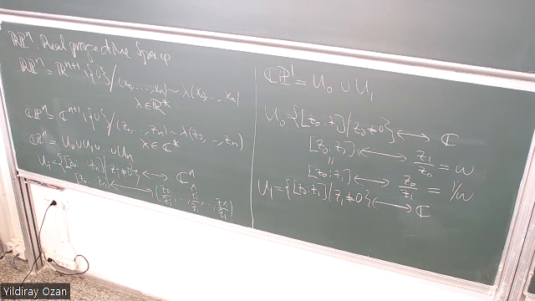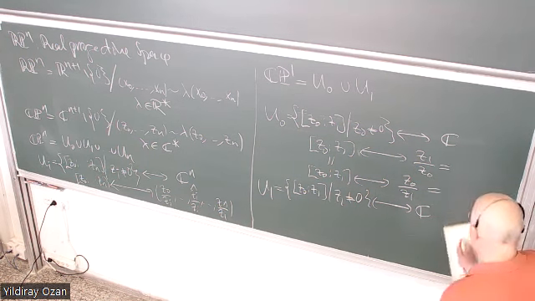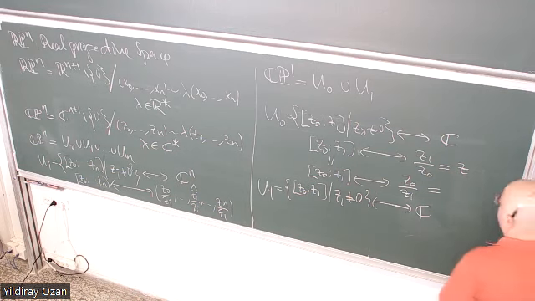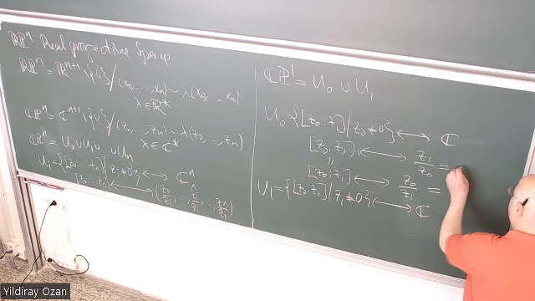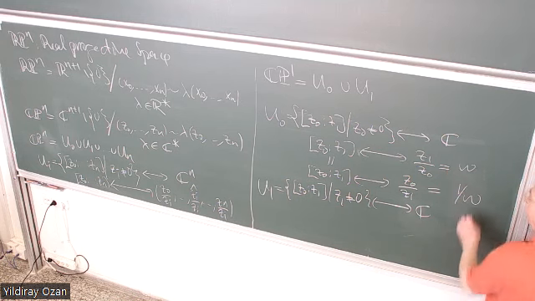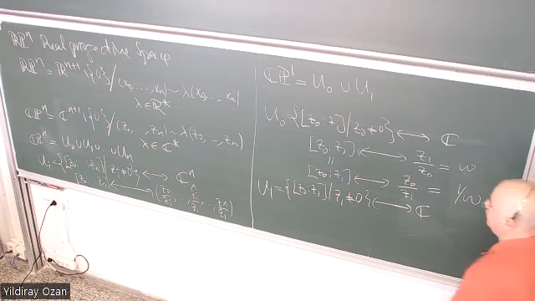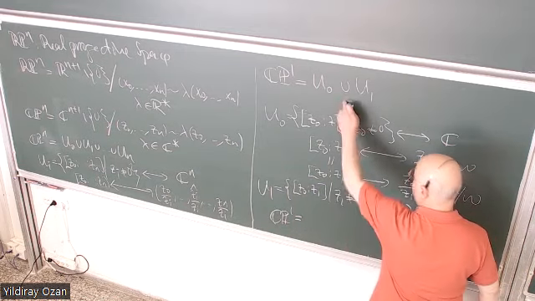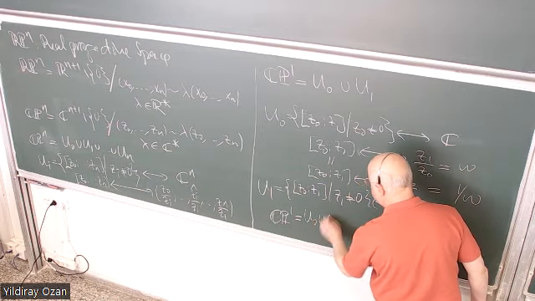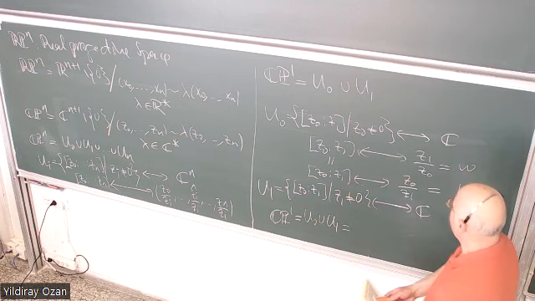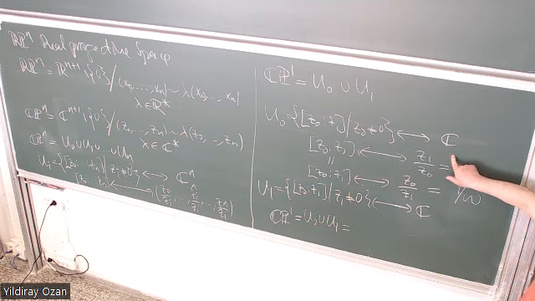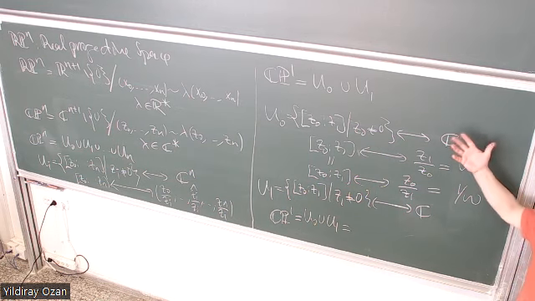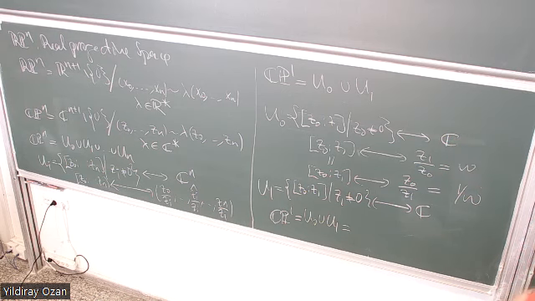Okay, let me call it omega. This is 1 over omega. So what did we get? CP1 is two copies of a complex line. This is a complex line, okay? It's two-dimensional. Actually, it is just the plane, R2, the real two-plane, but it's a complex line.